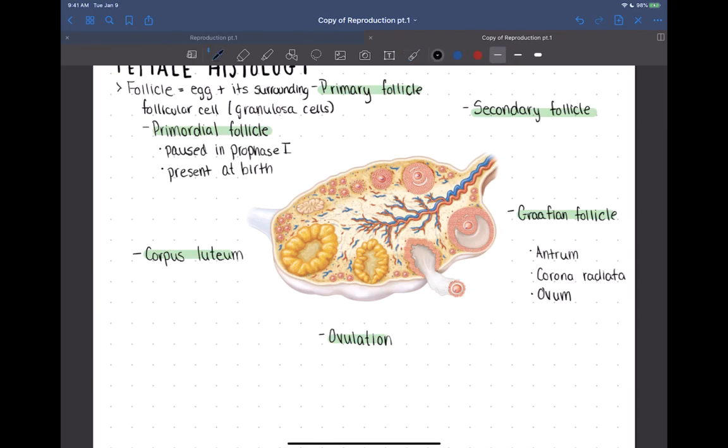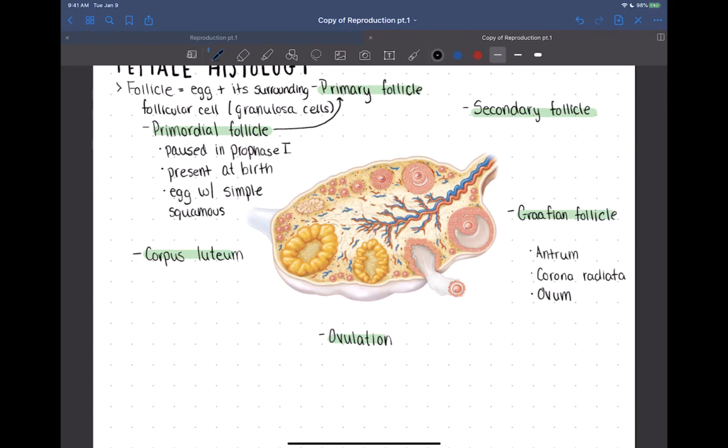So it's an egg with squamous cells around it, right? Those follicular cells are going to be simple squamous. All right, so that's our primordial follicle. Once that primordial follicle gets the appropriate hormone signal, which we'll talk about in a little bit with our ovarian cycle, it's going to start developing into a primary follicle.